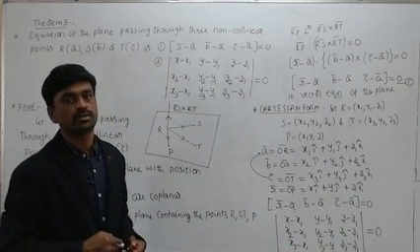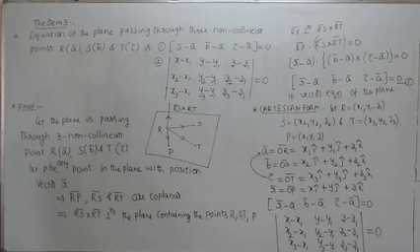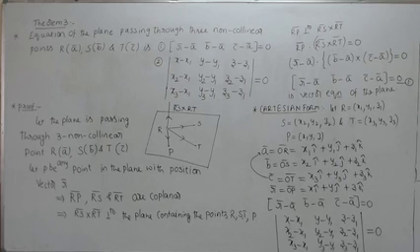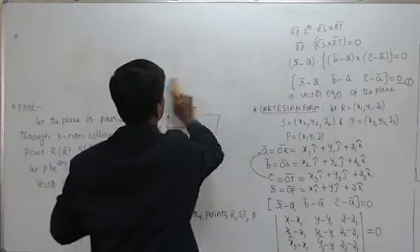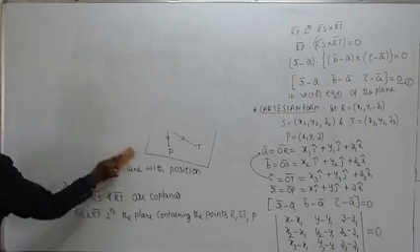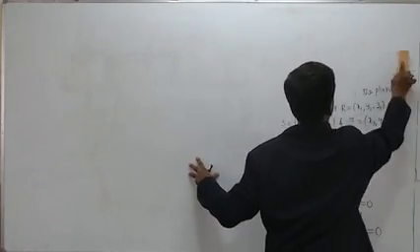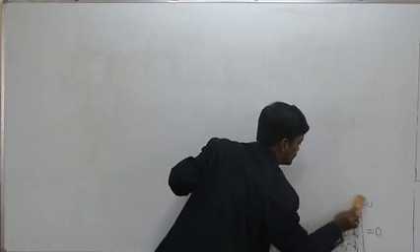So this is the Cartesian equation of the plane passing through three non-collinear points R, S and T. Because the given 3 points are non-collinear, there is only one plane passing through all those 3 points.